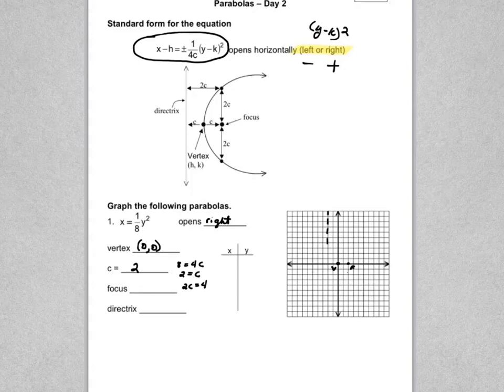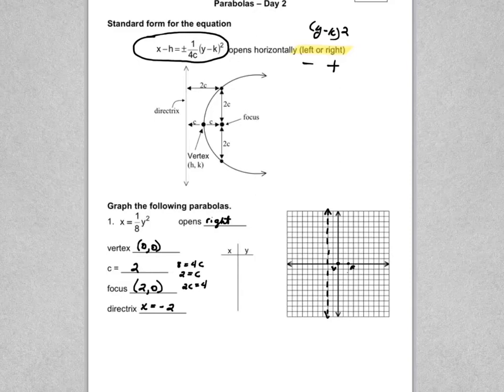So we come down here with our dashed line, 2 spaces, or c spaces, on the other side of the vertex. So what's different then is our vertical line is an x equals line. So our directrix is at x equals -2. And our focus is at 2, 0. So we have to pay attention to the fact that it's a vertical line versus a horizontal line. So that's what's different from yesterday and today.